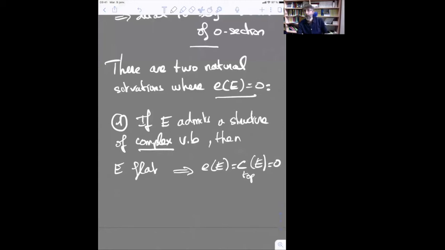Okay? So be careful, because it is a common mistake: the Euler class is a characteristic class that is not 0 in general, and that can be non-zero even if the bundle is flat. But if the bundle has a complex vector bundle structure, then flatness implies vanishing of the Chern class, of course, and the top Chern class is the same as the Euler class, so the Euler class vanishes.